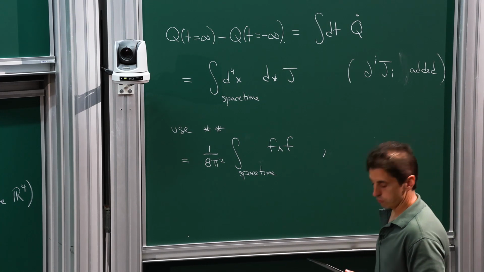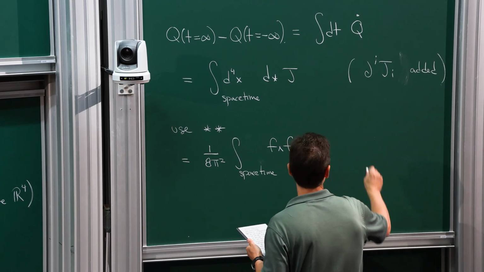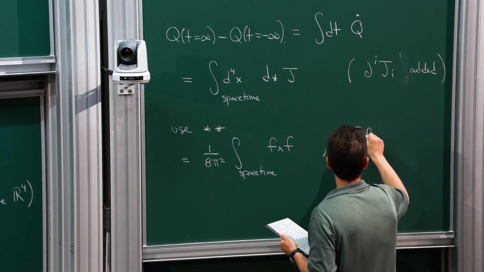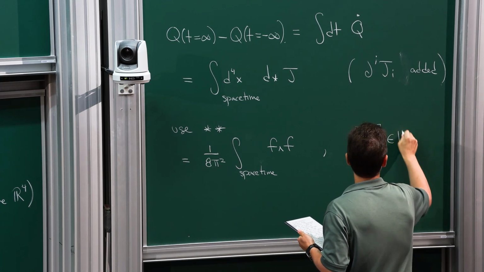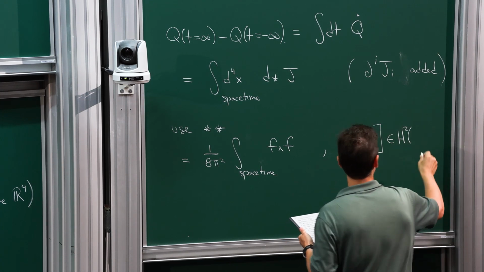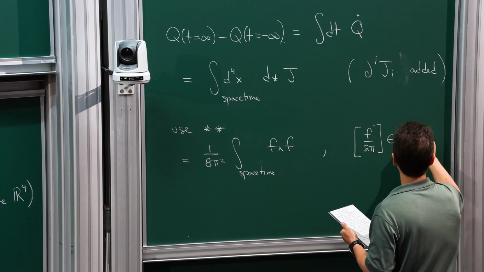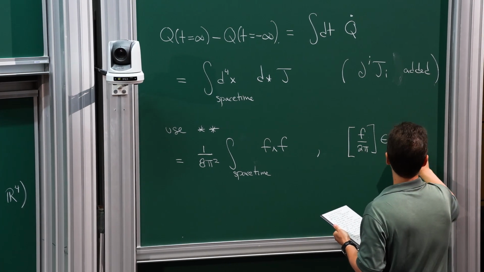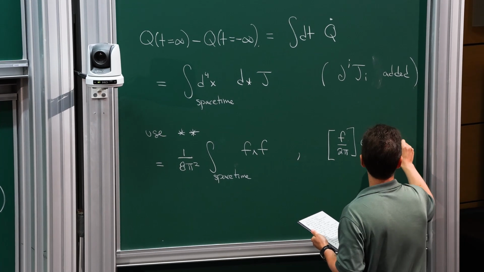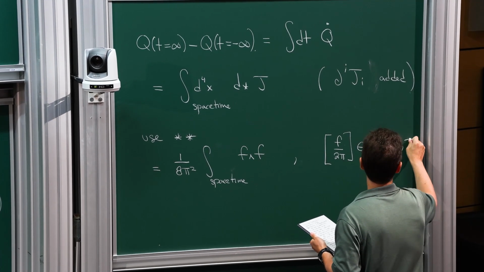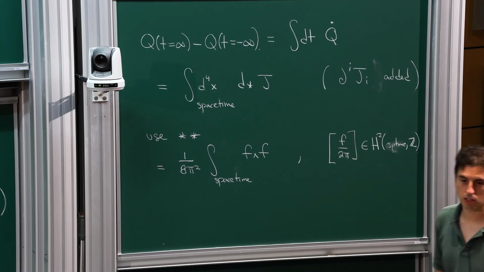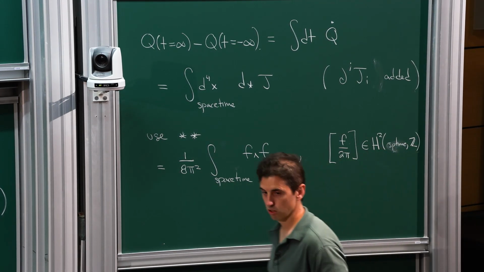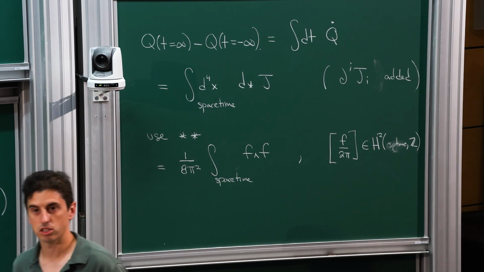Well, F is a differential form, but if we look at its equivalence class in cohomology, F over 2 pi is somebody in H2 of space-time with coefficients in Z. Meaning that it's something that if you integrate it over any closed 2-cycle, you'll always get an integer.